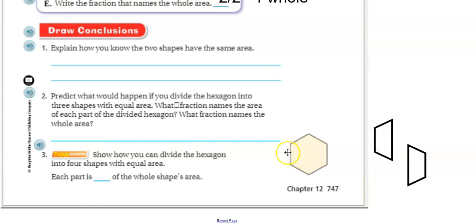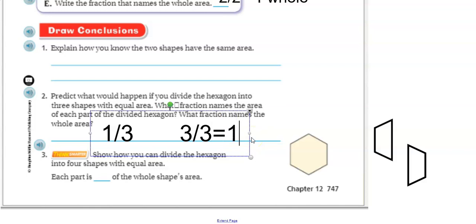That means that you would have 1/3. So you would have 1/3 if you divided it into 3 equal parts. And if you have all 3, you would have 3/3, which is the whole, which equals 1 whole. Okay?